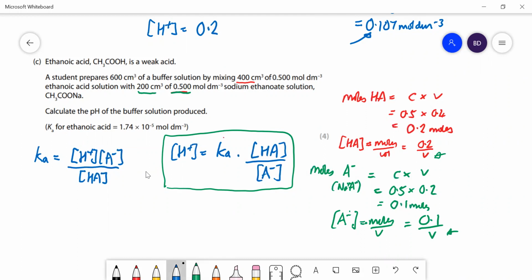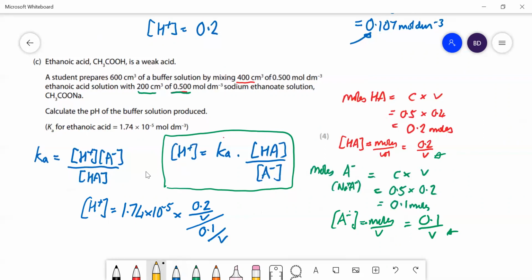So let's put the numbers in. H plus is Ka, 1.74 times 10 to the minus 5, multiplied by HA, which is 0.2 over V, divided by 0.1 over V. The V's go. We've got 0.2 over 0.1, which is actually 2, isn't it?